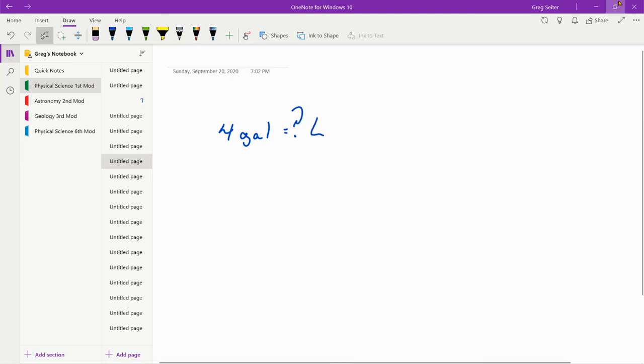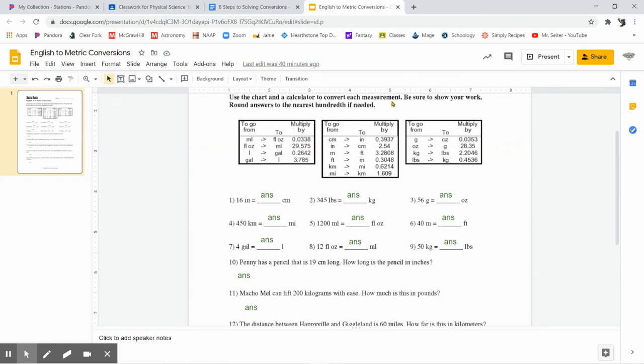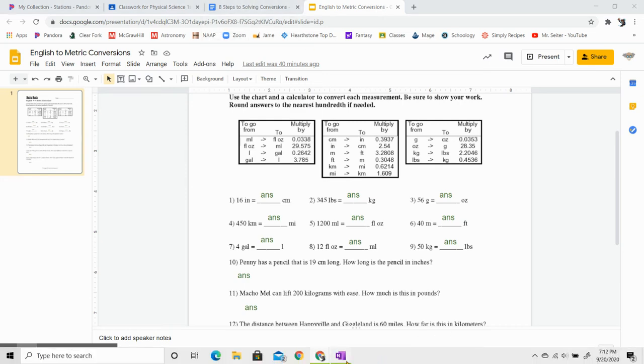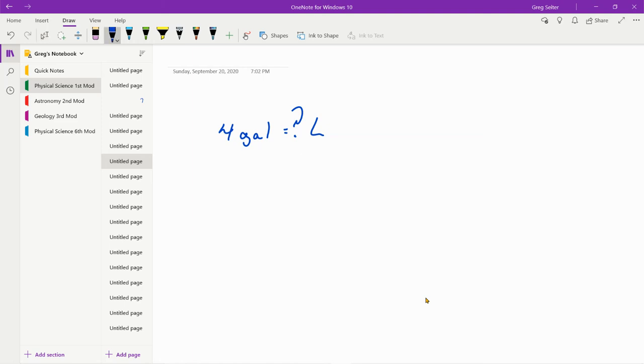All right, let's get our conversion factor. Liters. 1 gallon equals 3.785 liters.